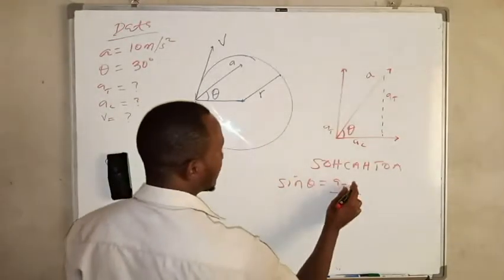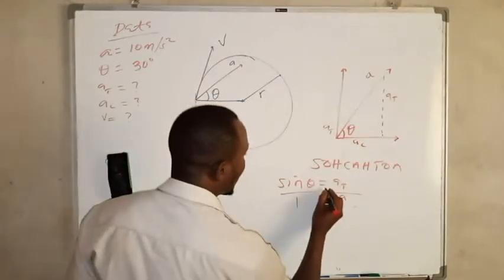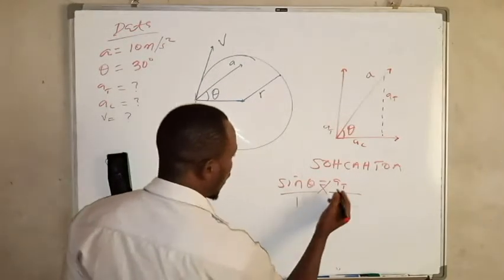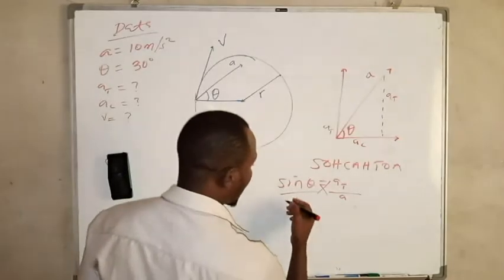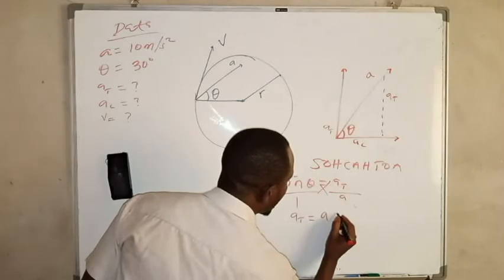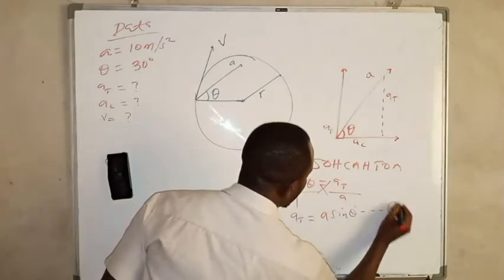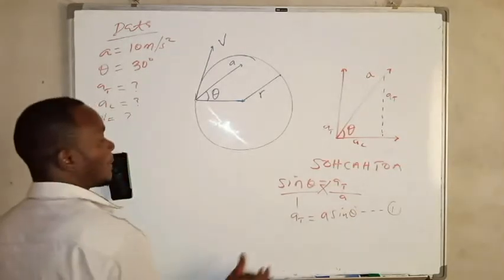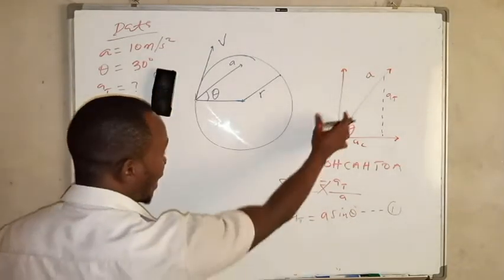We make it the subject of the formula by simply cross multiplying, so A_T is equal to A sine theta. This is the expression for tangential acceleration in a scenario such as this.